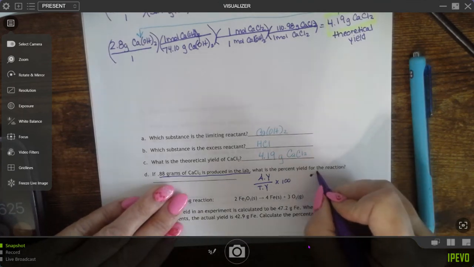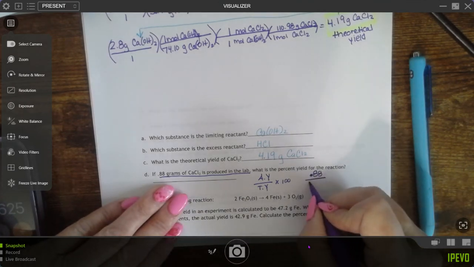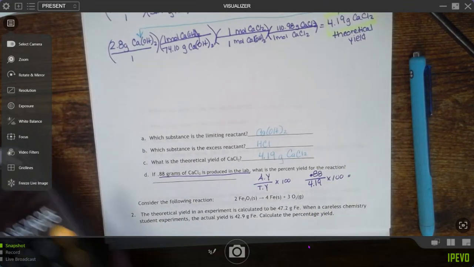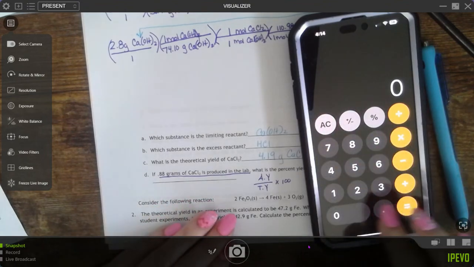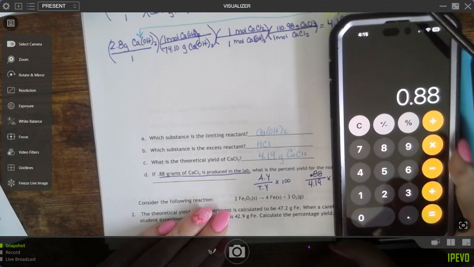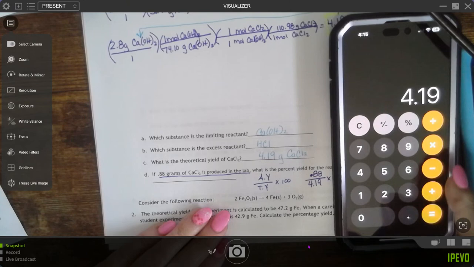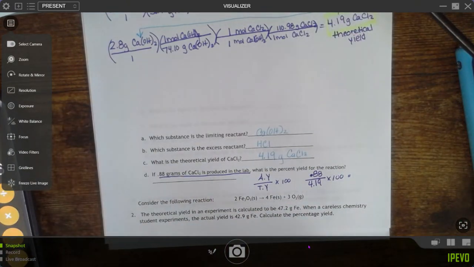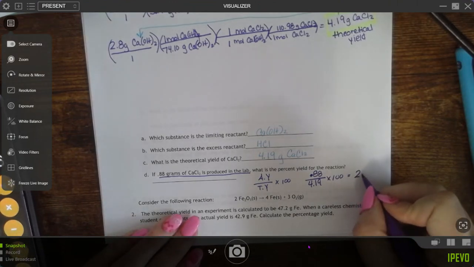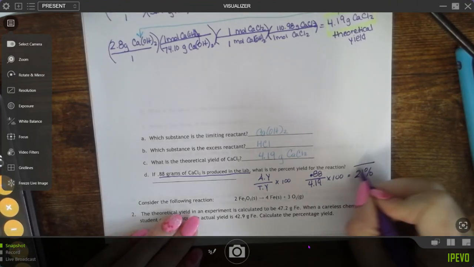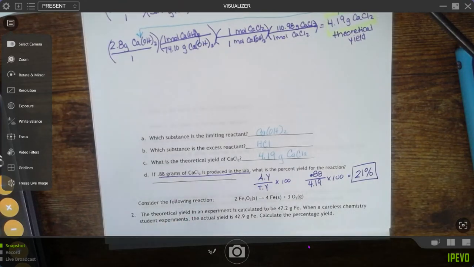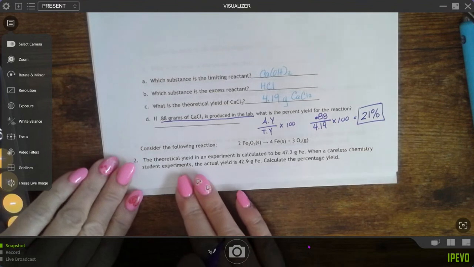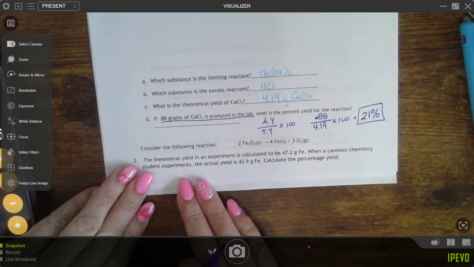Okay, so 0.88 over 4.19 times 100. So 0.88 divided by 4.19 times 100 is 21 exactly. So this reaction gave me a 21% yield.